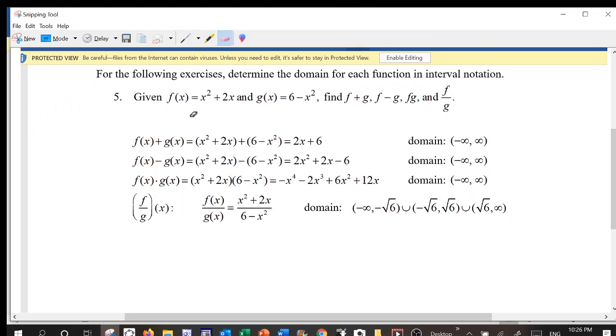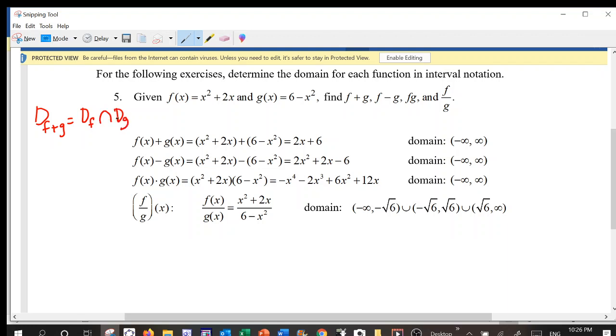And so let's talk about these operations. It says just create these functions and find the domain of these functions. Now the domain of these functions is basically the intersection of the domains of the two functions. So the domain of f plus g is basically the domain of f intersect domain of g.